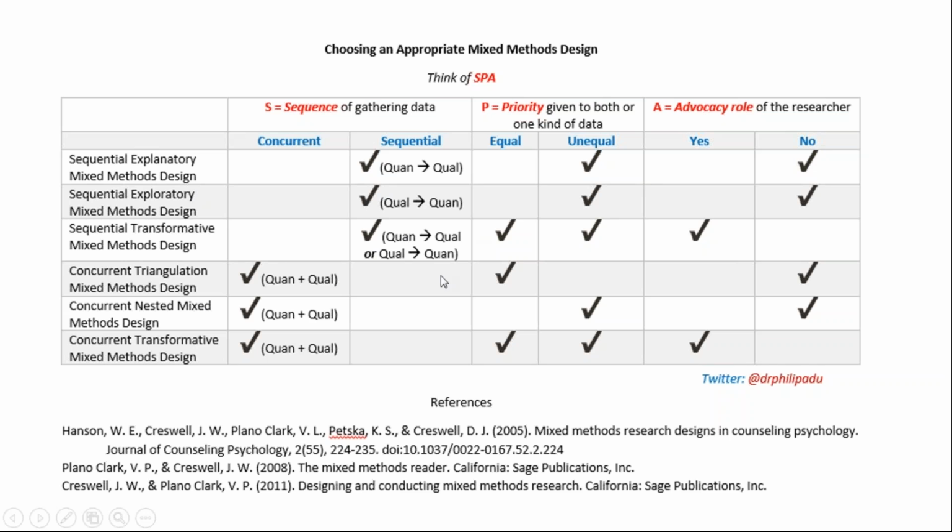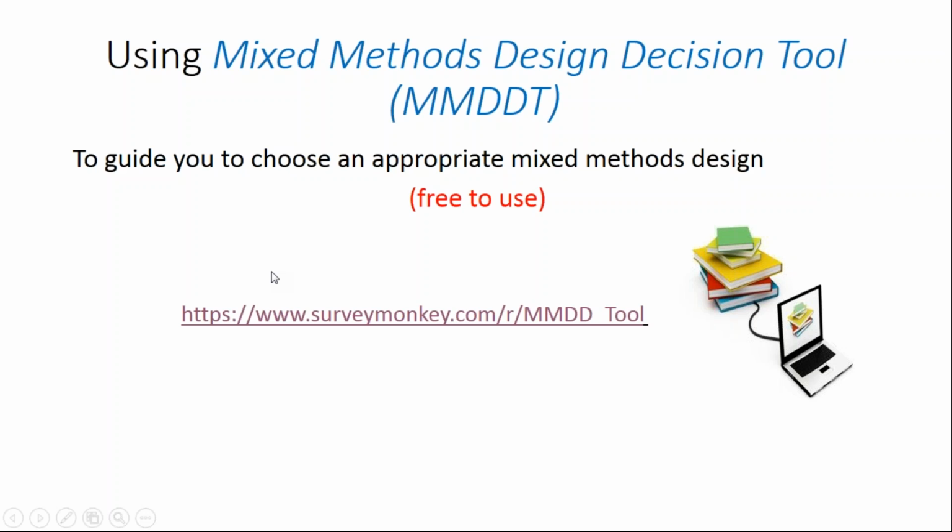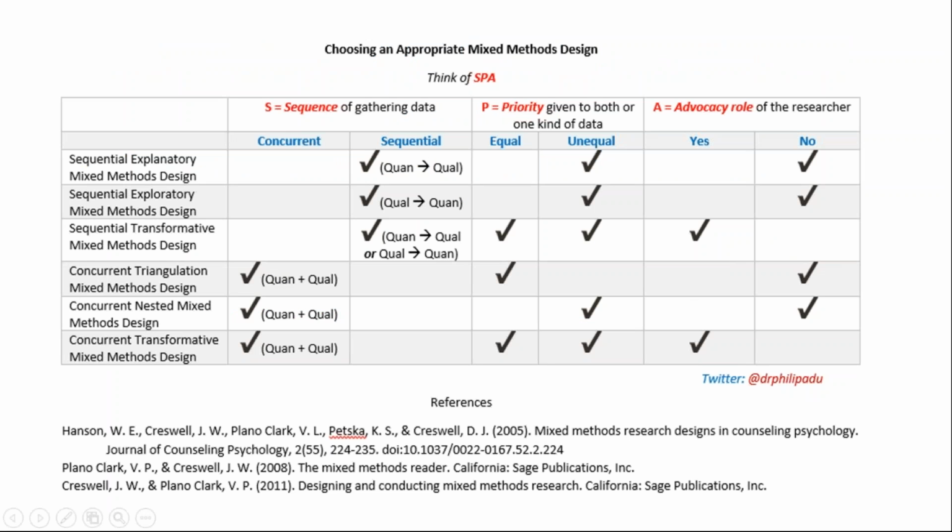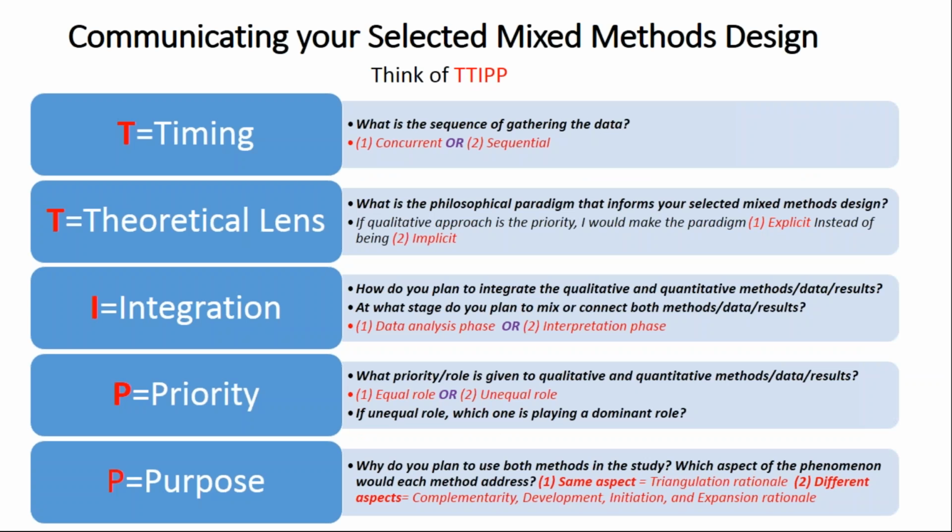So you can go through this, especially when you use the tool and you find out that, okay, concurrent transformative mixed method design is appropriate. This is just a summary table for you to know some of the characteristics. So after you have decided, what next?